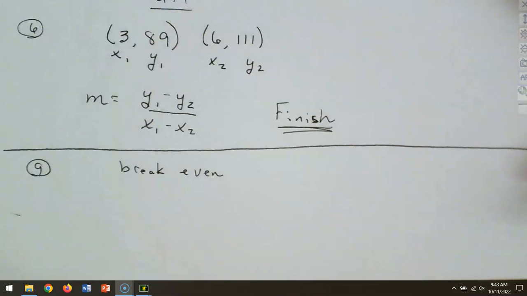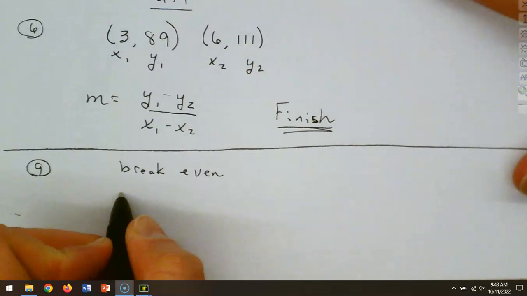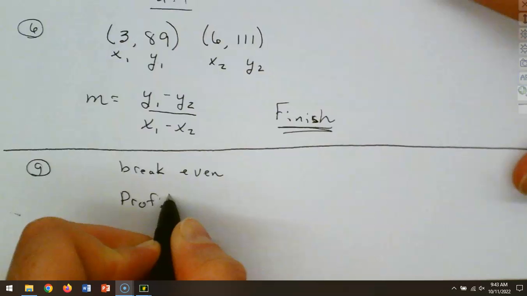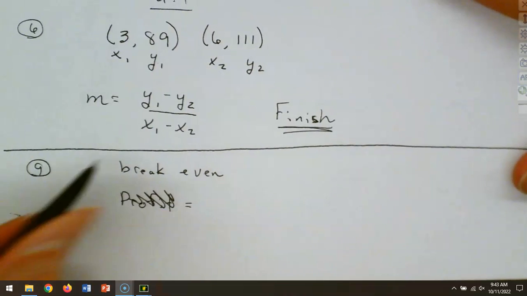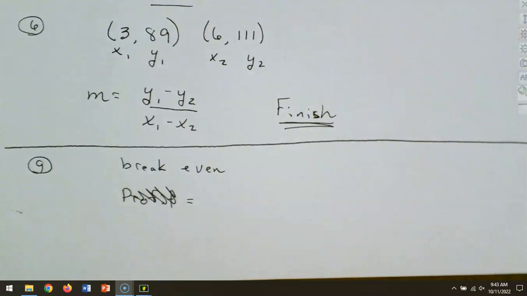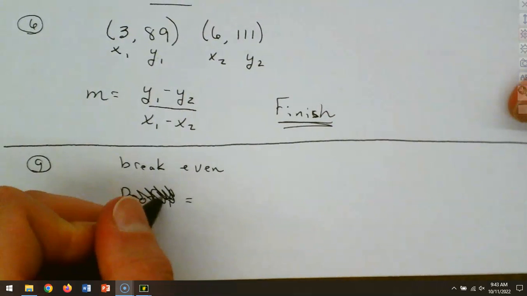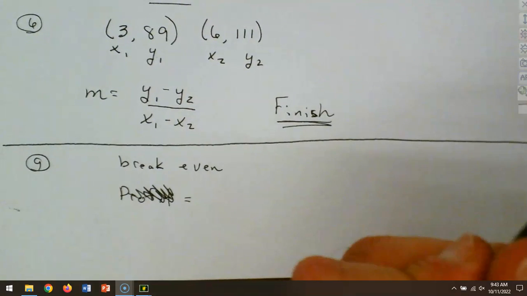And when I want to break even, that means the profit is going to, or sorry, not the profit, but the revenue. Well, let me make sure we have it right here. Okay, we know we have cost, right? And then we have the revenue, and that equals your profit. We want them to break even. That means my profit is going to be 0.